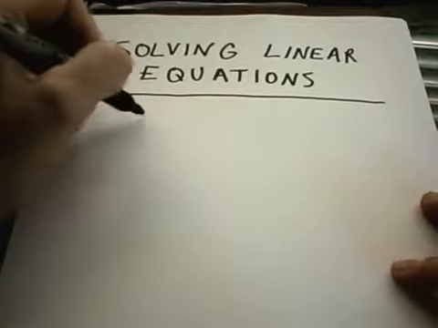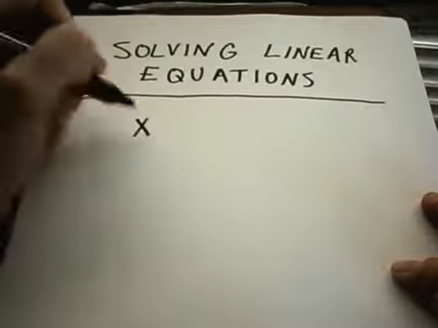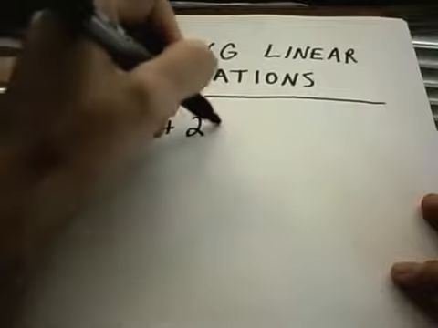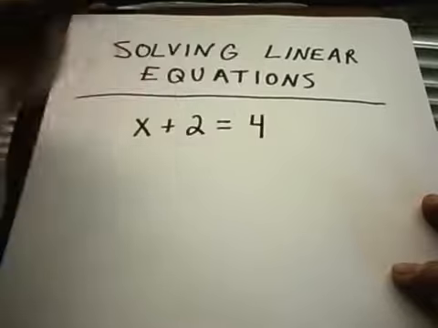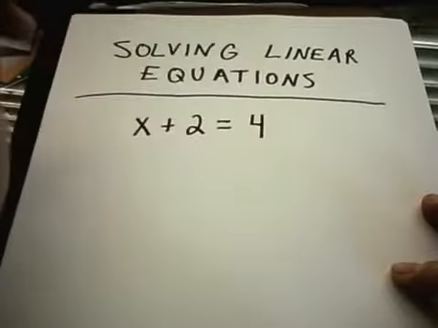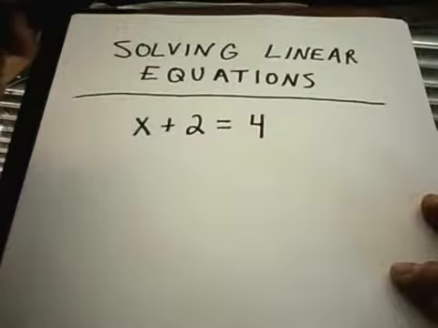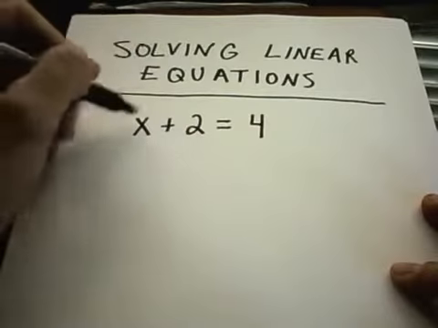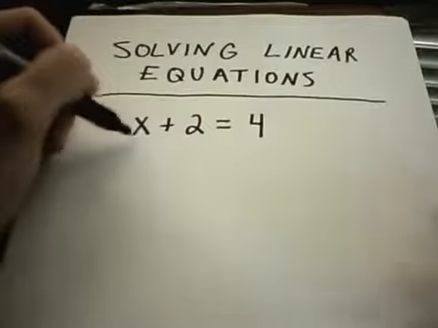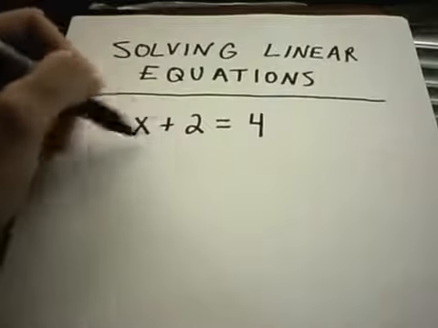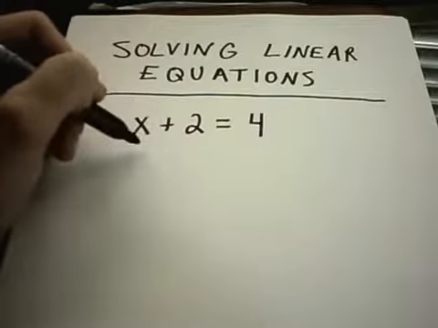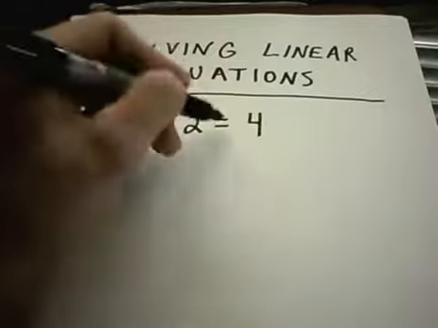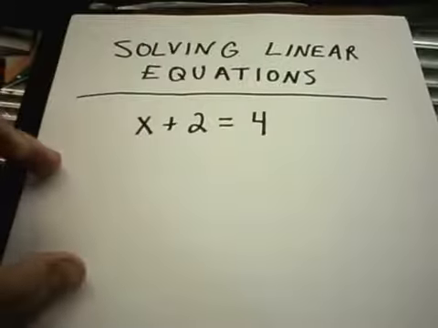A linear equation is basically where you have a variable, and almost always you'll just see x to the first power, and there's going to be an equal sign, hence the equation, in there somewhere, and just numbers floating around as well. So what we're trying to do is figure out what value, if any, we can substitute in for x, so that on the left side, when we do the arithmetic, we'll get the exact same thing as on the right side.